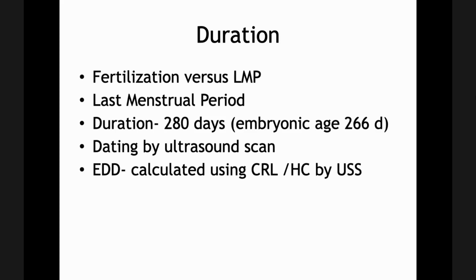After we calculate the date, the duration of pregnancy is calculated to be around 280 days. The actual age, that is the embryonic age, is 266 days, because when we calculate from the last menstrual period, we include about 2 weeks of that period also. From the last menstrual period, on the 14th day she ovulates, and then fertilization occurs.